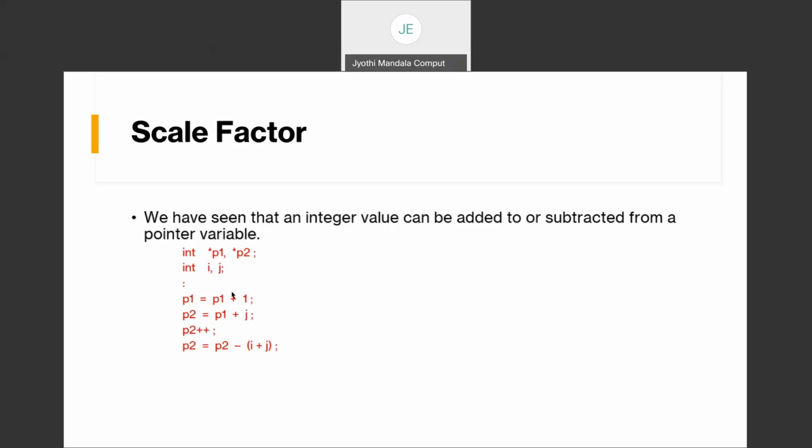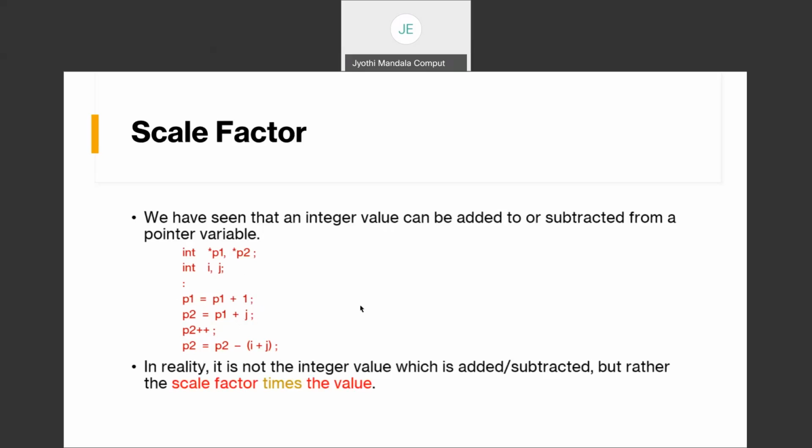Whenever you are doing it like this, I've already told you that we need to perform multiplication of 1 with the data type, whatever it is holding. That value is called a scale factor. Normally, if you are trying to add 1 to P1, 1 is not directly added. It is not the case. In the earlier class, we learned that 1 needs to be multiplied with the size of the data type it is pointing to.